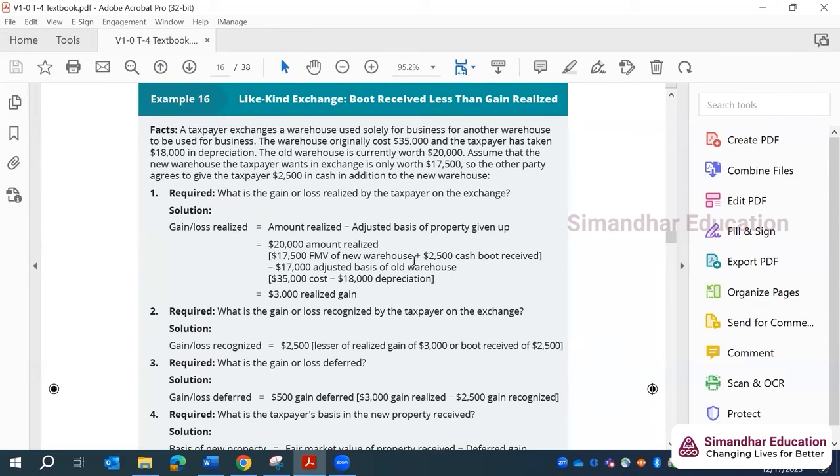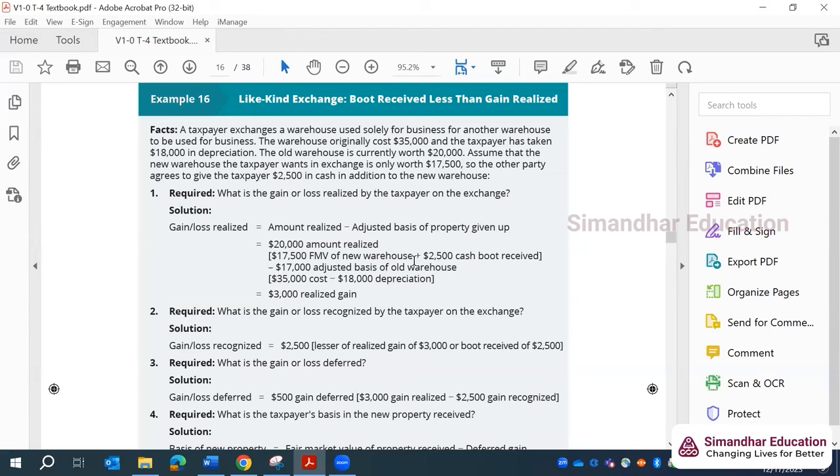So which is lesser? Your realized gain or the boot received? So here if you see the boot received is lesser. So to the extent of the boot received, we are going to recognize the gain and pay taxes on it. So of my $3,000 of gain, 2,500 I've already recognized and paid taxes.